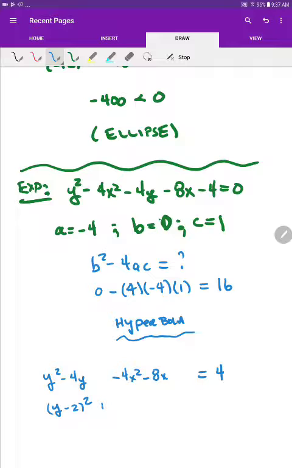And so on and so forth. Well, I can complete this one too. So take out a minus 4 from x squared plus 2x.